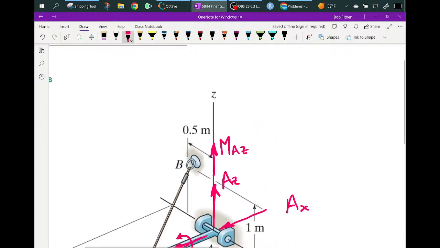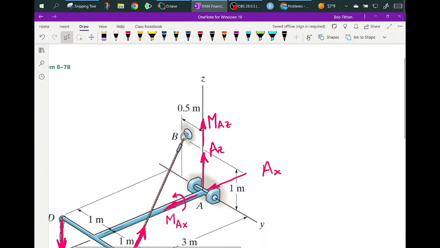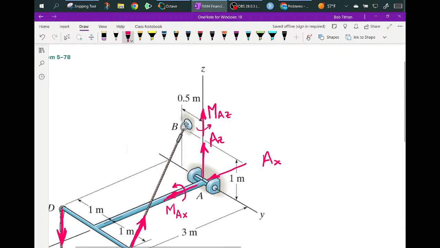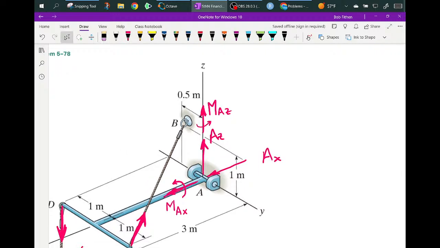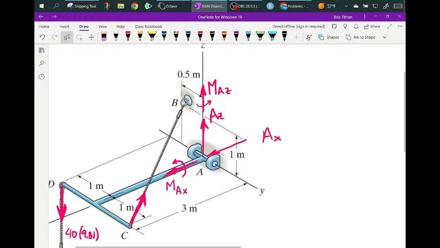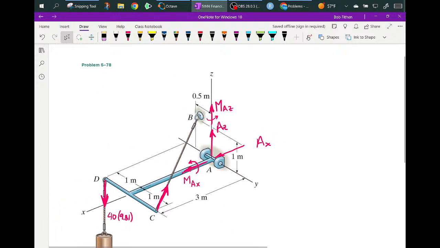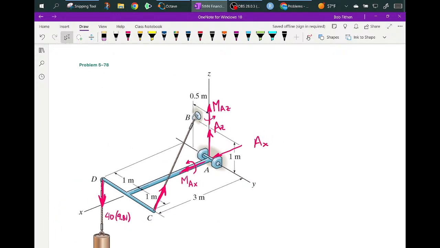Yeah, you can do that. So you can do all three of those. Okay, so now that we've got all three of those, let's see what we can do next.